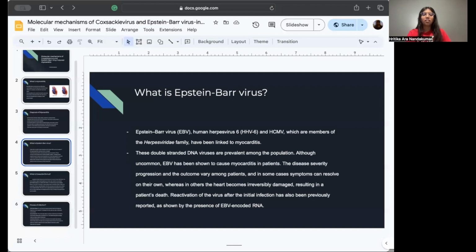Reactivation of the virus after the initial infection has also been previously reported. That's just my introduction of the Epstein-Barr virus.